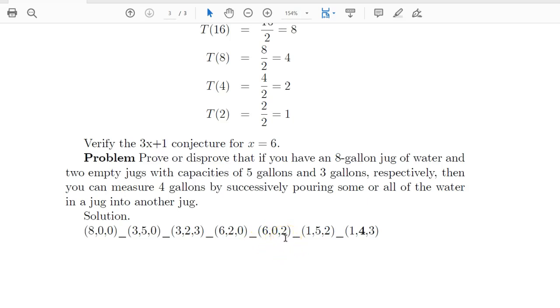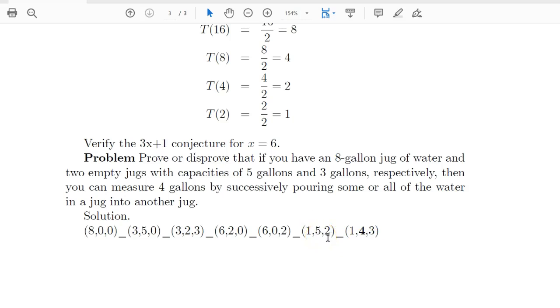Then use the water from the 8-gallon jug to fill up the 5-gallon jug. You arrive at this configuration.